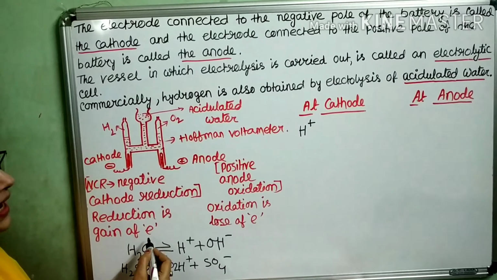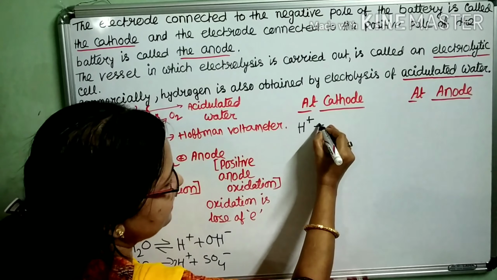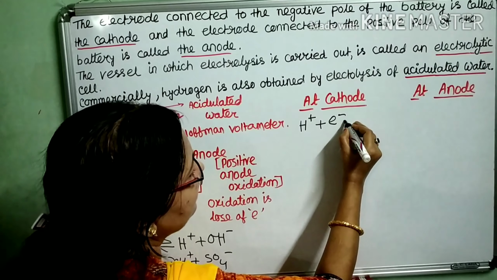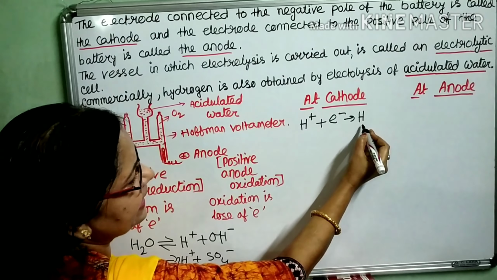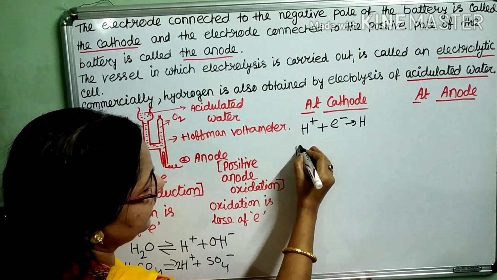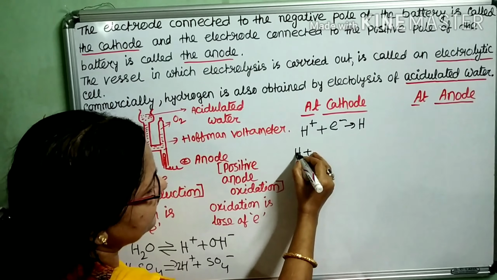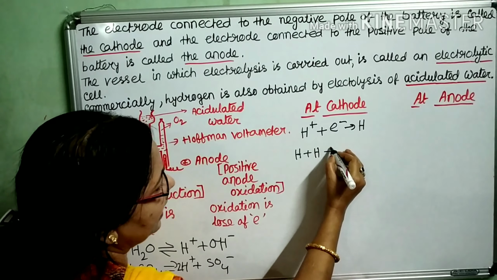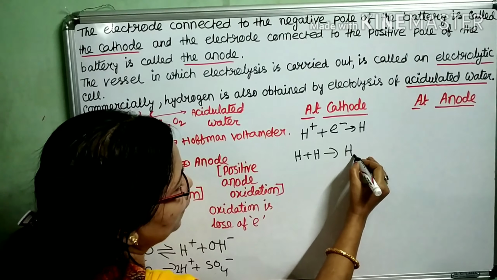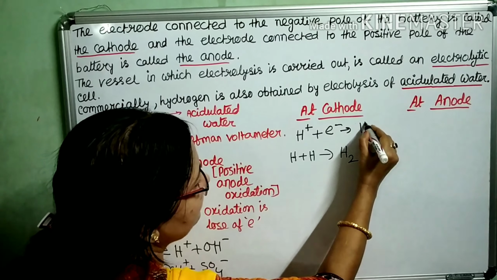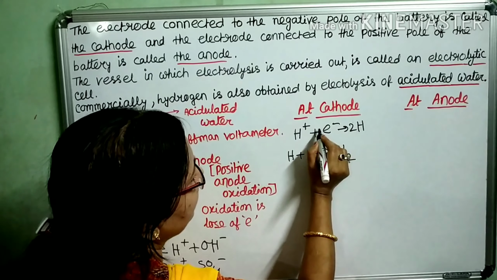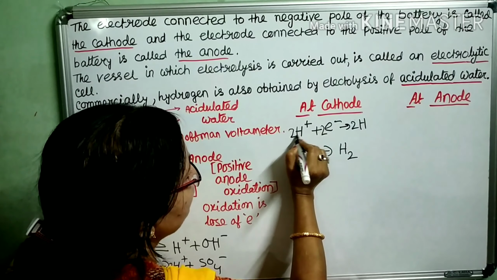Reduction means gain of electron: H plus plus electron gives H. This is known as nascent hydrogen. It cannot exist independently, so it needs another hydrogen atom to form H2. For balancing the reaction, 2, here also 2, and here also 2.